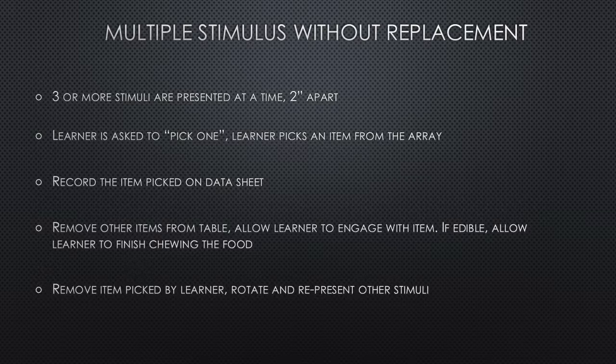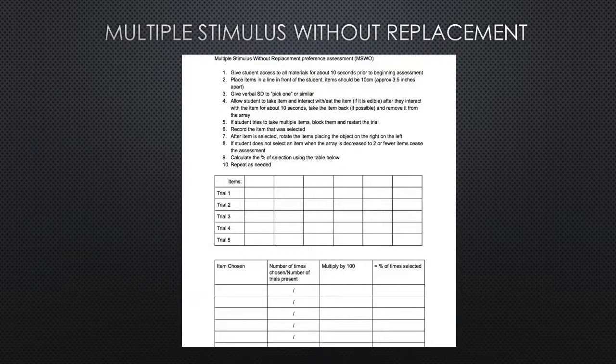Another disadvantage is that in order to do this properly, the child that you're doing this with needs to be able to scan and select from a larger array size. If the child you're working with can only select from an array of 2, this might not be the best preference assessment to use. Here's an example of a datasheet you could use for the multiple stimulus without replacement preference assessment.